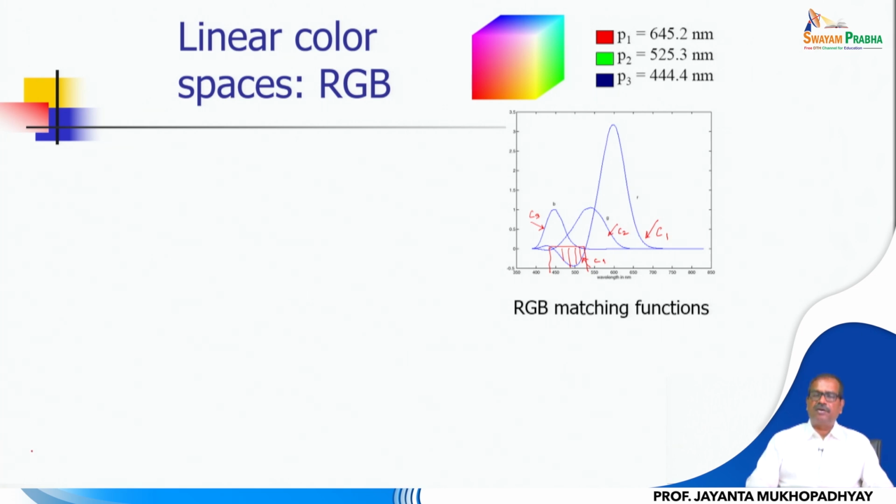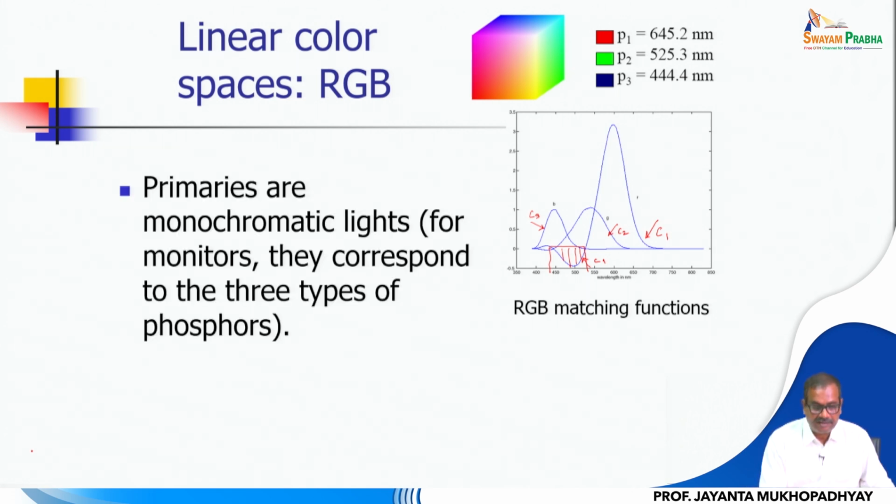So let me talk now about different kinds of color spaces, and one of the color spaces where we directly acquire the signal is the RGB space, or red, green, blue space. As you have seen, there are three primary colors, red, green, blue, and it's a three-dimensional space where any point in that space represents a color. But as I mentioned, in the visual system we also have negative response.